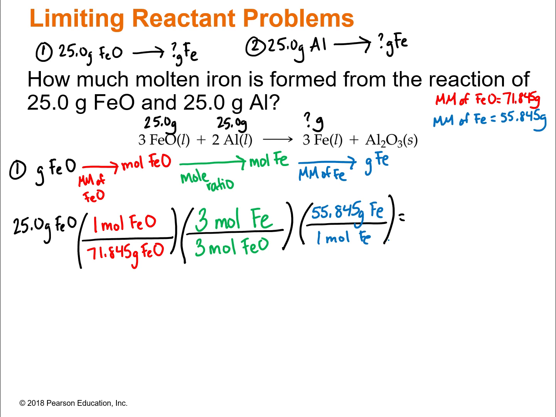So feel free to let me know if multiple ways is confusing or helpful. We use the molar mass of iron. There we go. We make 19.4 grams of molten iron. But we're not done. We still have to figure out how much we would make if we had 25 grams of aluminum that we were starting with.